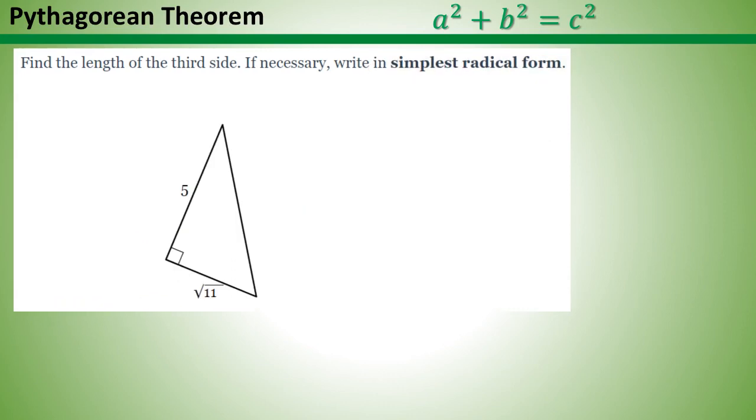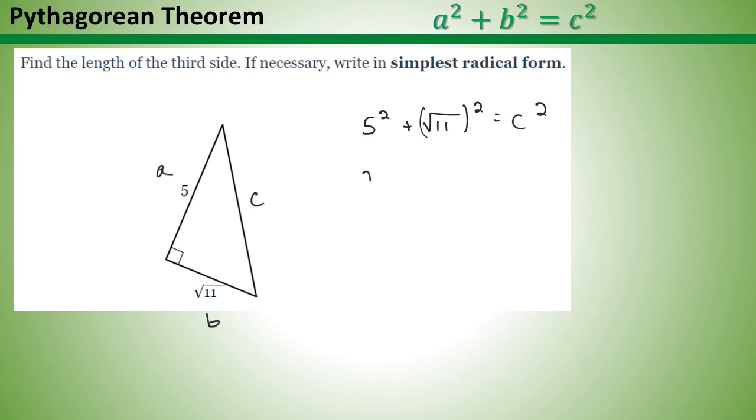All right, and here is another example. So we're trying to find the hypotenuse on this one. So this is the hypotenuse, this is A, and this is B. So I have 5 squared plus root 11 squared is equal to C squared.